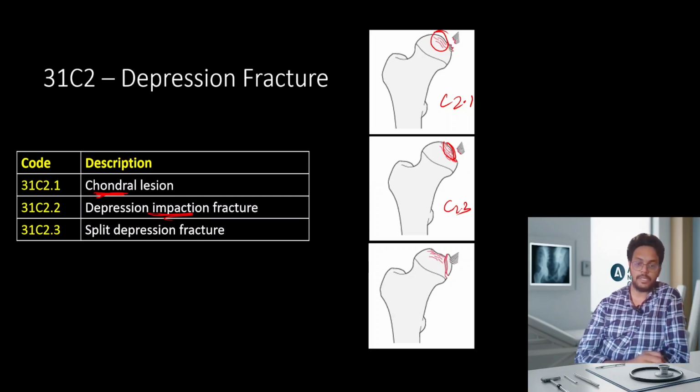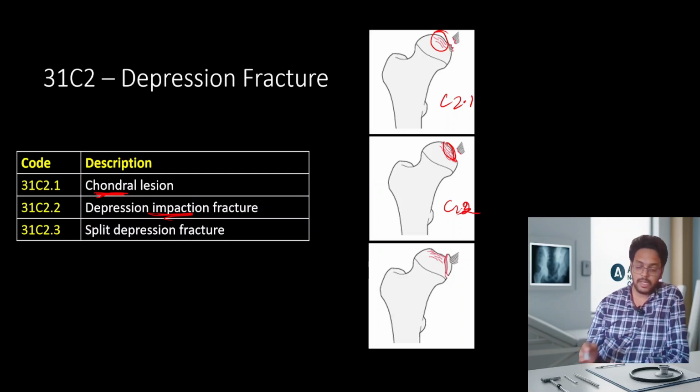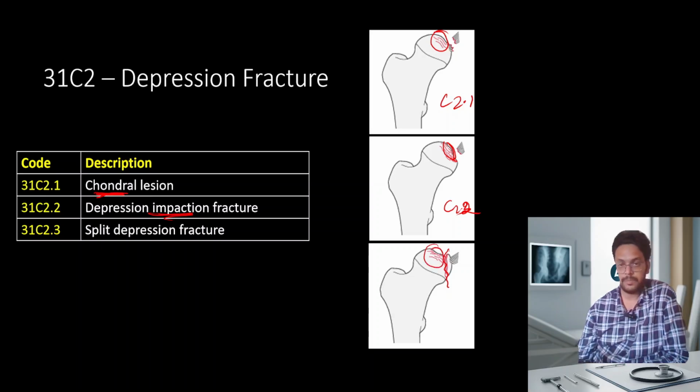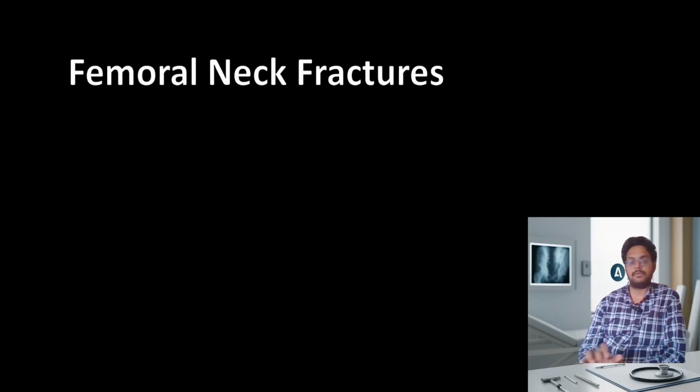Depression with an impaction is C2.2. Then a split depression fracture, where there is a split and also a depression, is C2.3. Coming to femoral neck fractures.